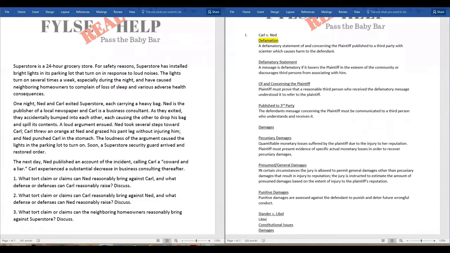So libel, L-I-B-E-L, at common law was a written defamation. Modernly, a defamatory message embodied in any relatively permanent form is libel.